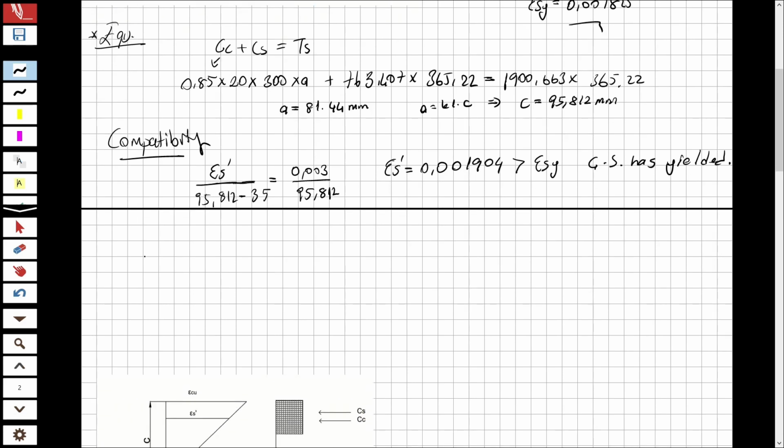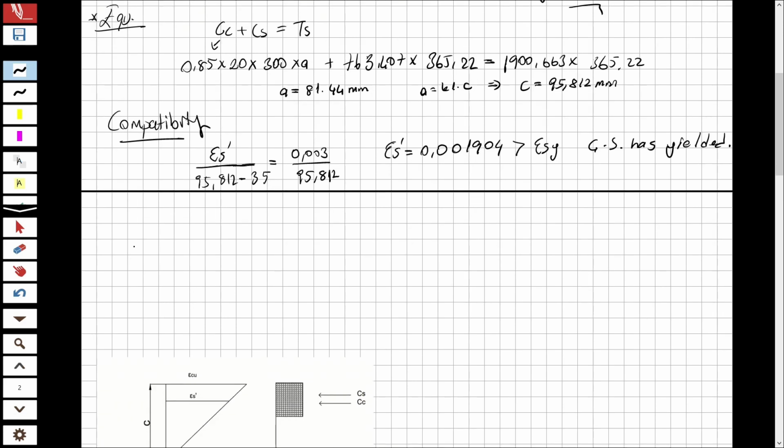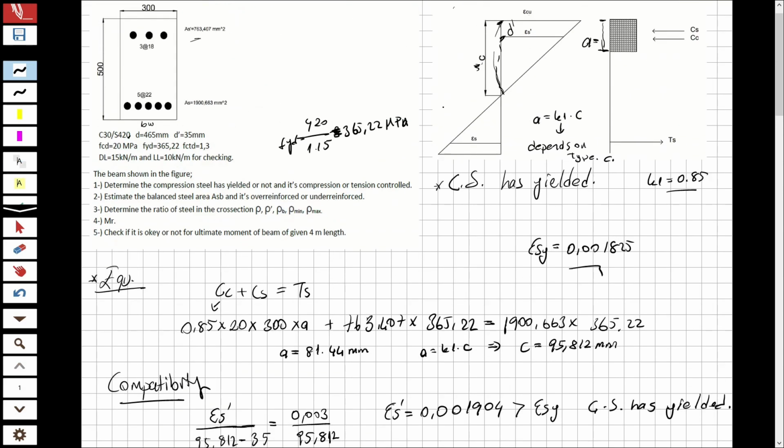So let's check if it is tension controlled or not. So is the bottom steel yielded or not also? How is it going to be? It's again the same, from the similarity of the triangles. This epsilon S, I'm going to divide it by epsilon CU. I'm going to divide this length to this length.